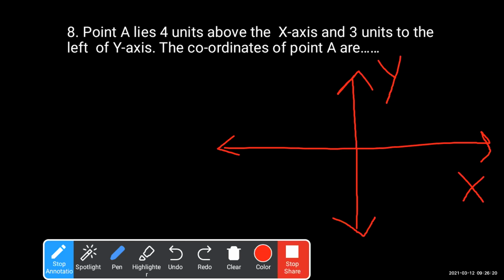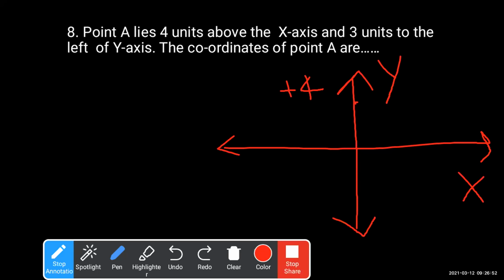Point A lies 4 units above the x-axis. Now this is the x-axis, so 4 units above means it will be somewhere here, and 3 units to the left of the y-axis. Now this is the y-axis and 3 units left. So 4 units above means what? It will be positive 4.